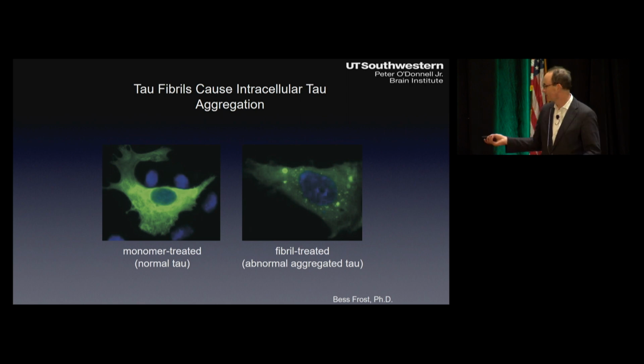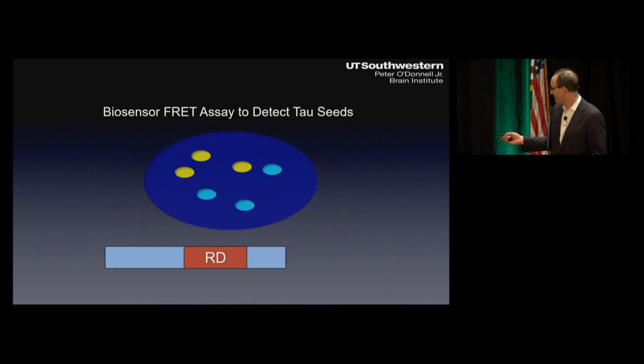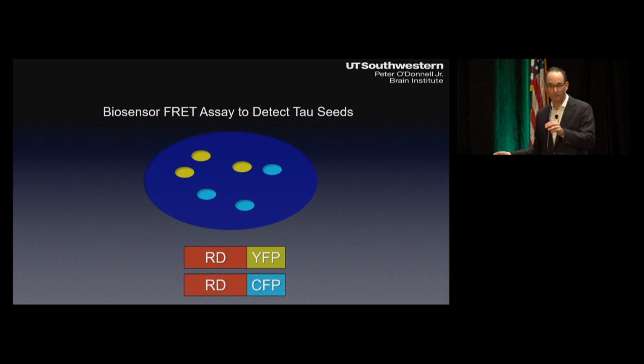And we've turned a simple cell assay to very good use as a means to detect tiny amounts of pathological forms of tau. And we did this by taking the full-length protein and modifying it genetically, taking away the parts that weren't involved in forming fibrils, leaving just this core domain, the repeat domain, which we then fused to complementary fluorescent proteins, cyan and yellow fluorescent protein.